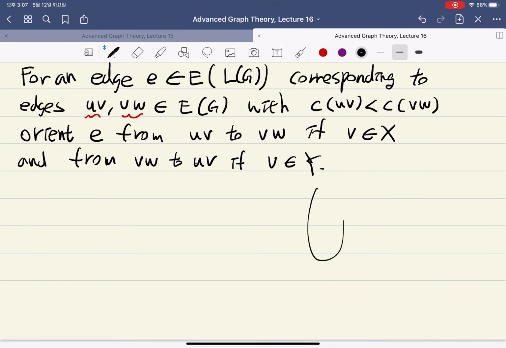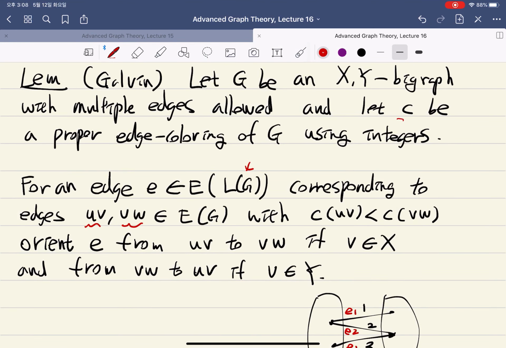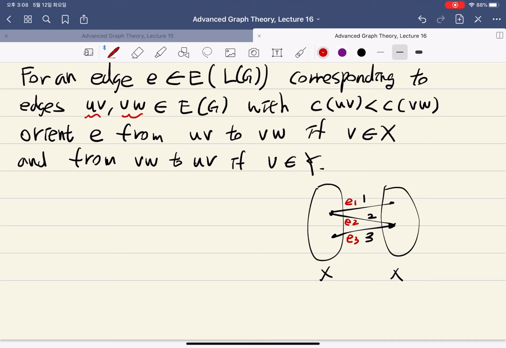So what it means is that we have X and Y, and this is 1, 2, 3, and this is E1, E2, E3. So these three edges. This 1, 2, 3 is this coloring C. Then in the line graph, we have E1, E2, E3, and then edges between here and here.